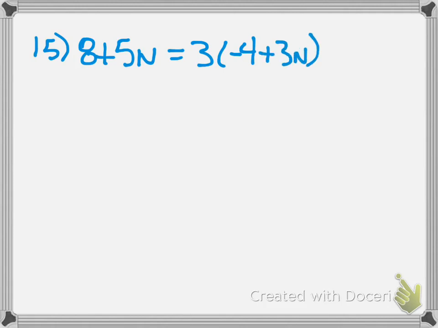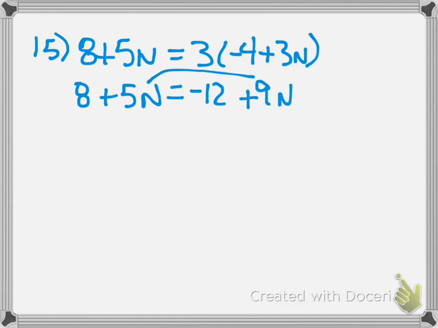Okay, so number 15. So here we get a little bit more. So what do I need to do here? This one is simply, there's variables on both sides. It's okay. Let's distribute. So I distribute here, and I get 3 times negative 4 is negative 12.